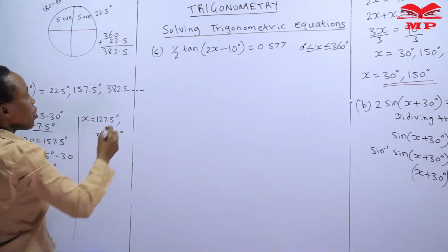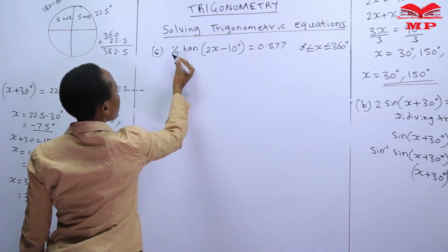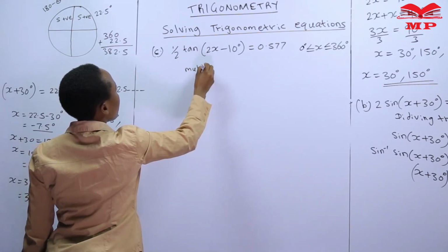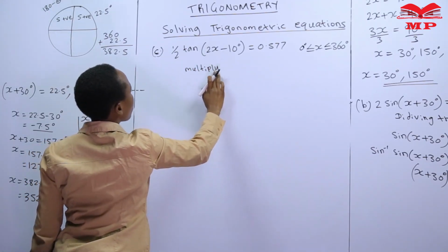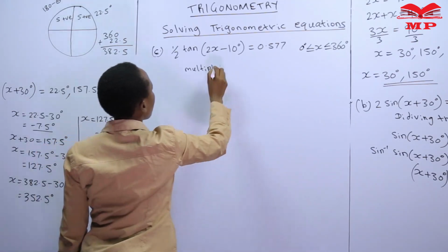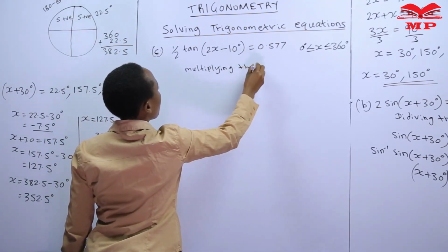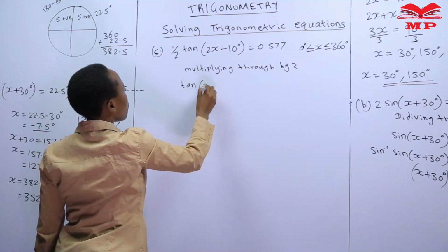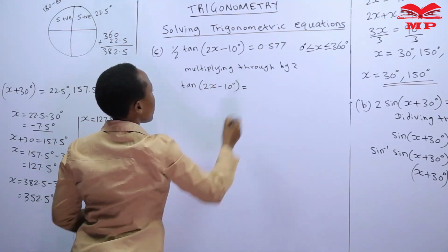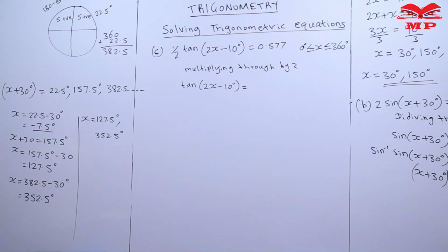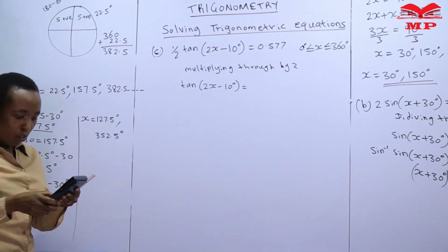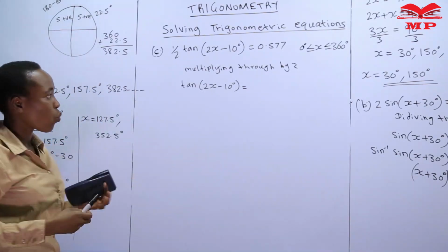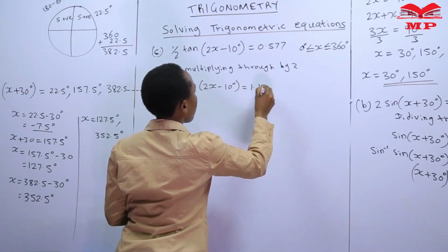Again, we can multiply by 2 so that we can remove this fraction. Multiplying through by 2, we get tan 2x minus 10 degrees is equal to 0.577 times 2, which is 1.154.